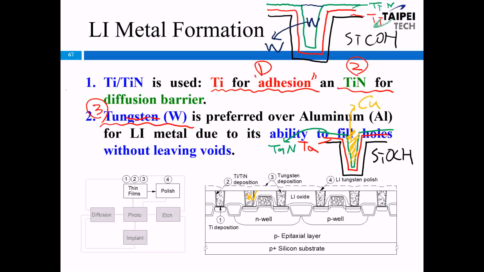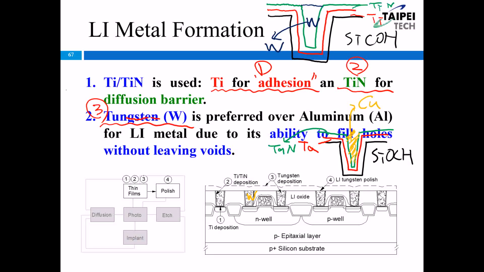Likewise, Ta is the adhesion layer for the copper, okay? And TaN, the second layer, the green layer, TaN is the diffusion barrier, 防扩散层. TaN is the diffusion barrier for the copper, okay? We only have those two material systems, so I need you to memorize it.